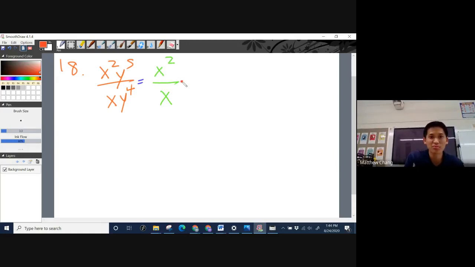And I can also split this up here. This is y raised to the 5th divided by y raised to the 4th. Okay, so you can use the subtraction rule, and then we can take this separately. For this green part, with the subtraction rule, you have division, 2 minus 1.